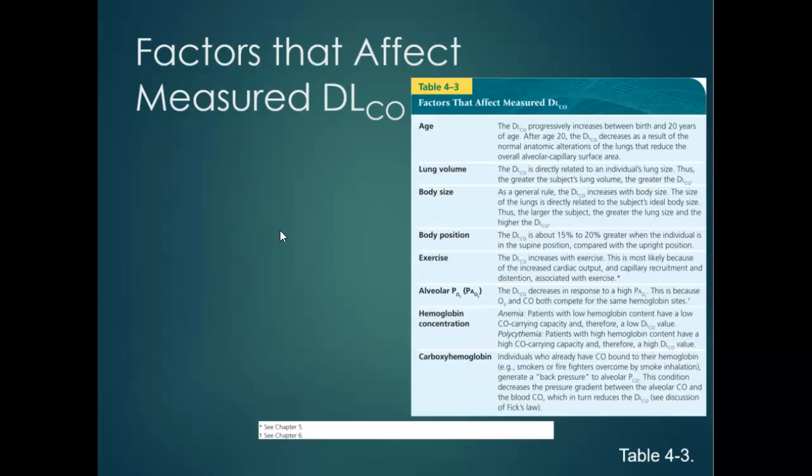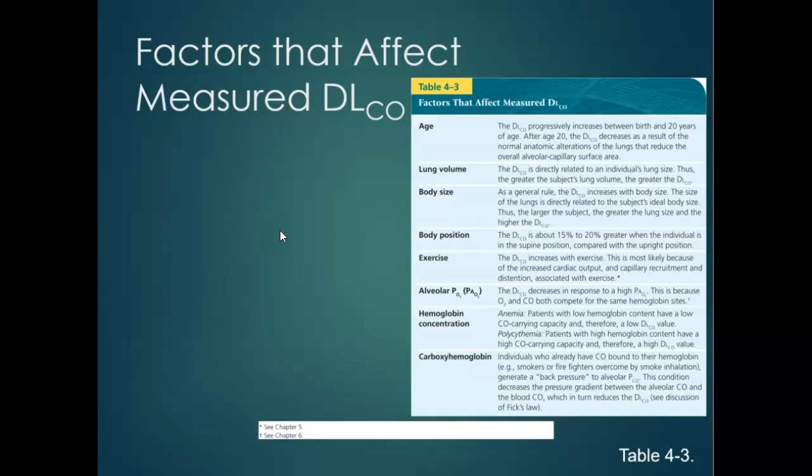Body position: we typically have better diffusion DLCO levels when we're in the supine position compared to upright, and that has to do with the amount of perfusion to our lungs. Exercise is going to increase your DLCO because of that increased cardiac output. Increased alveolar oxygen partial pressure also increases it, because that increases the pressure gradient.